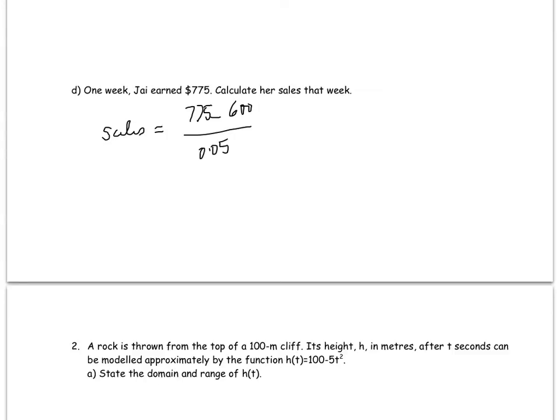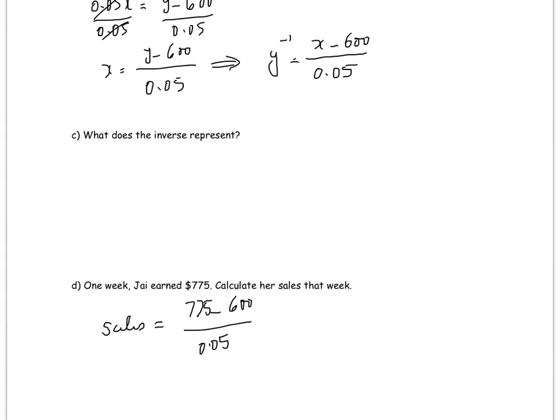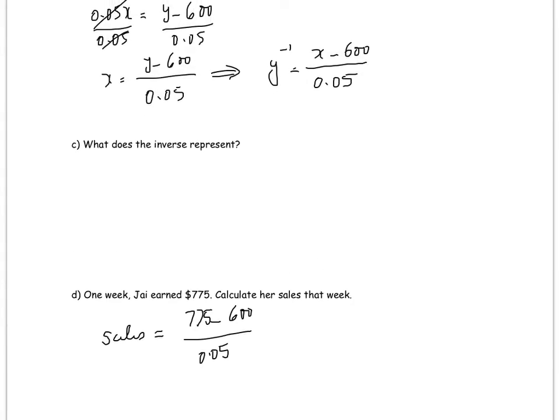I'm just using the formula that we found before. I'm substituting 775, which is her total pay, then subtracting 600 and dividing by 0.05, which gives me $3,500. So her total sales has to be $3,500 in a week, so her pay becomes $775 for that week.